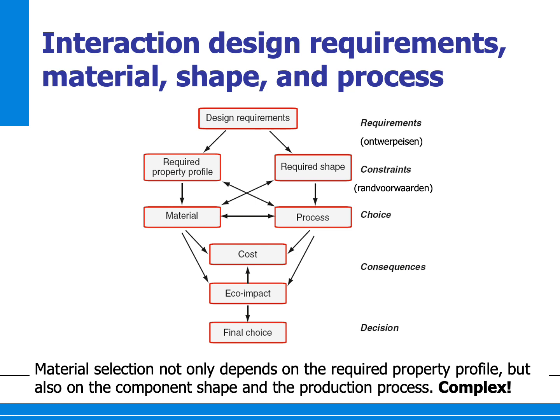But suppose now that we found a material that fulfills all the required properties, and we found a process that can give us the required shape, and indeed the process and the material also match. Well, that gives us then a cost for the production of the material via that process.